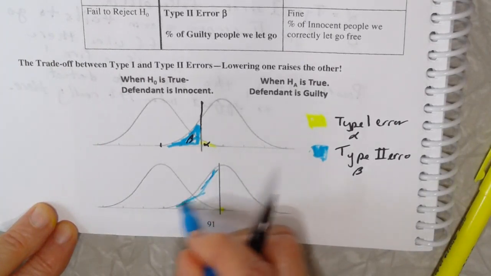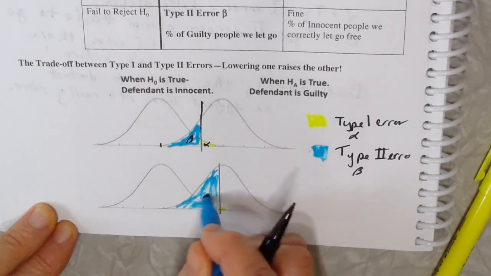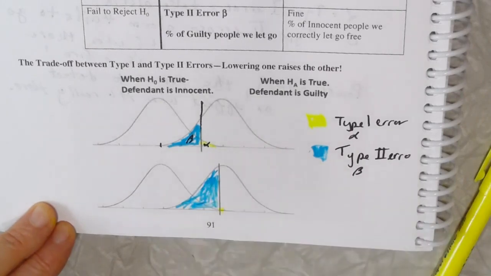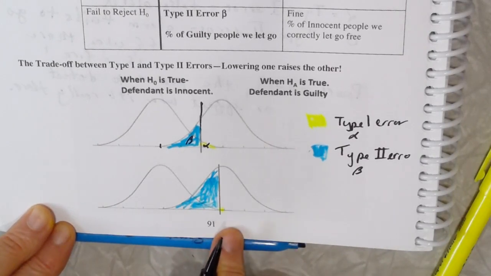To the type 2, you're going to let a whole lot of guilty people off. So there's a trade-off between the two. That's what we're saying. And you have to consider the consequences of each.